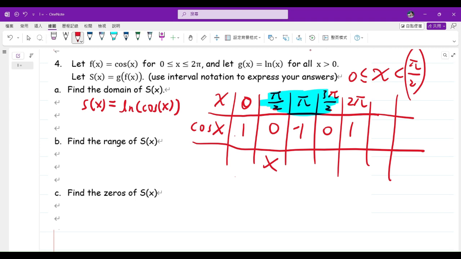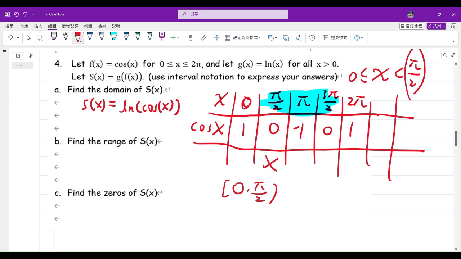So the domain equals from 0, including 0, to pi over 2, but not including pi over 2. And then union. This number cannot be included, because when x equals 270 degrees, cosine x equals 0. We cannot accept ln 0 as well, right?